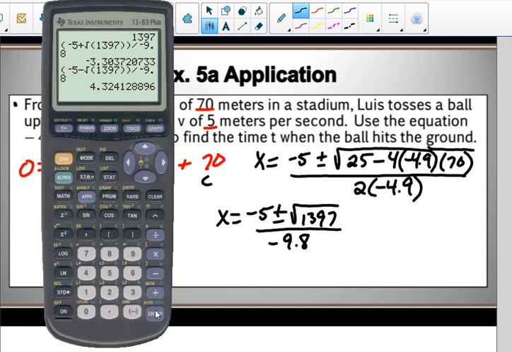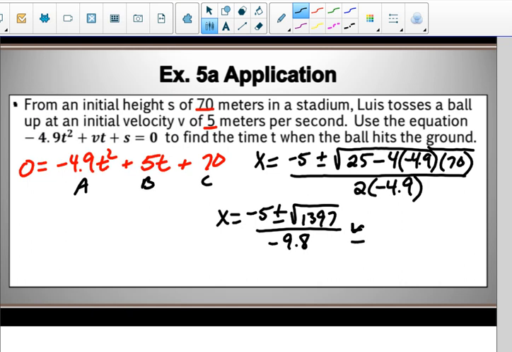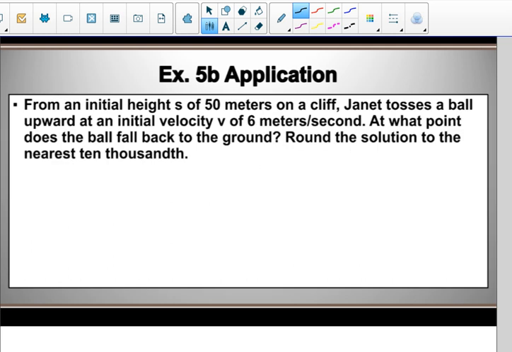So this is about 4.3241. So about 4.3241 seconds. And that would be our time. You may do the second application one yourself.